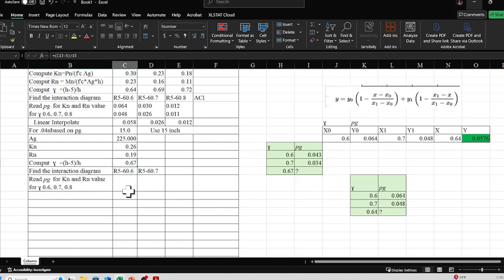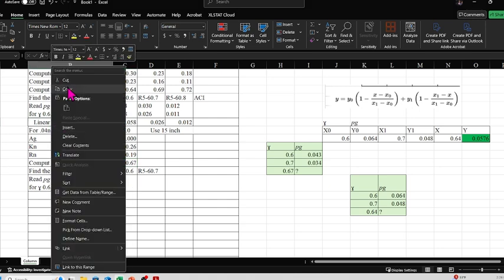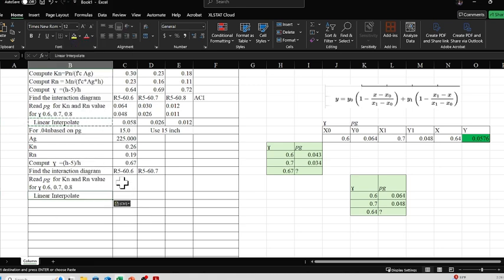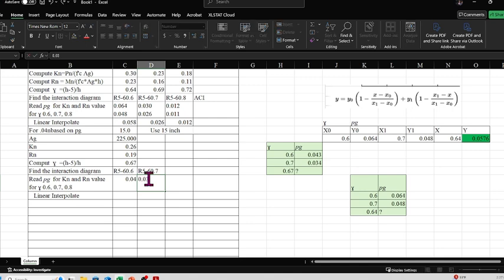So now I need to know what the linear interpolation is going to come out to be. Let's just write this number down here. I forgot. 0.043, and this one came out to be 0.034.